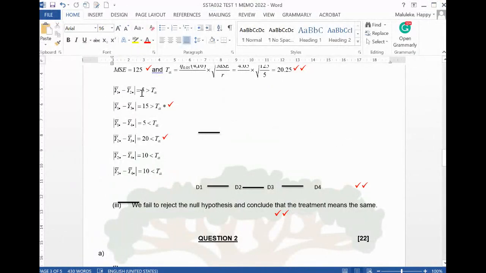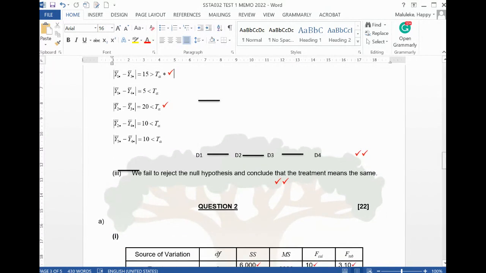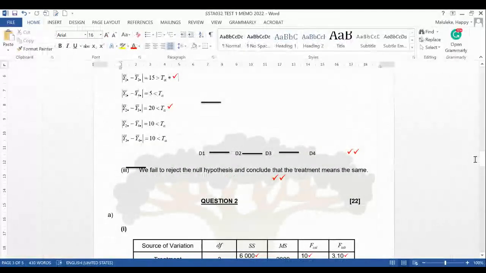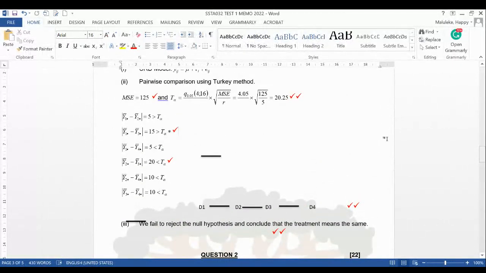Suppose mean 1 and mean 2 were greater than the critical value, and mean 1 and mean 3 were greater than it. When you are asked to join the lines for the means which are not the same, you will do something like this. Suppose these two are more than 20.25. So when you join the lines, you do something like this, guys.